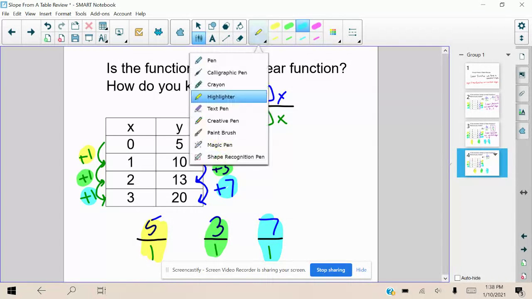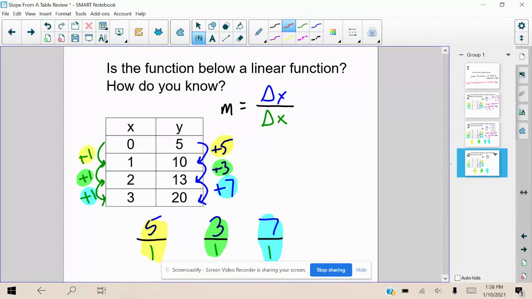So is 5 over 1 equal to 3 over 1, which is equal to 7 over 1? No, it is not. So since we do not have a constant rate of change, then we do not have a linear function.